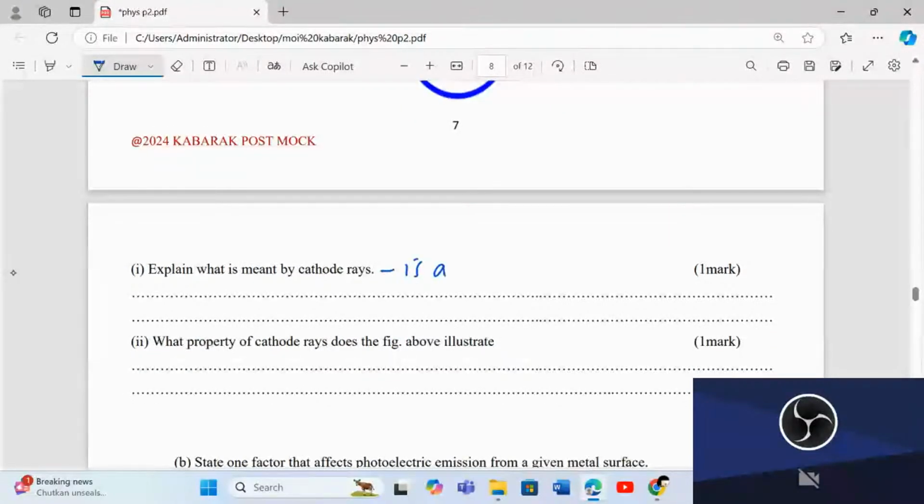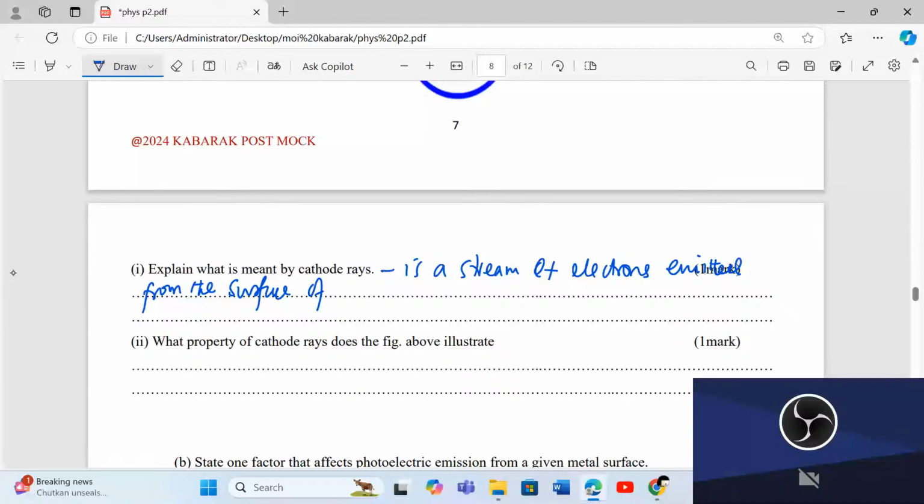a stream of electrons emitted from the surface of a metal.